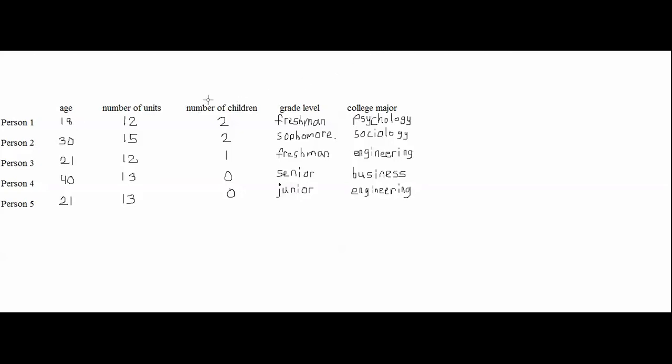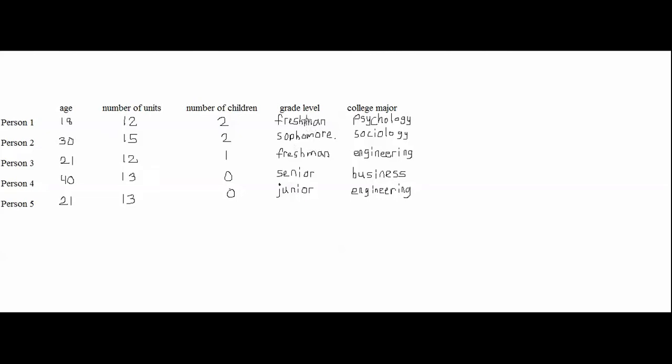Now let's talk about how to display frequencies in a table or in a graph. And the way that we present the frequencies actually depends on what type of data we have. It depends on if it's quantitative or qualitative.